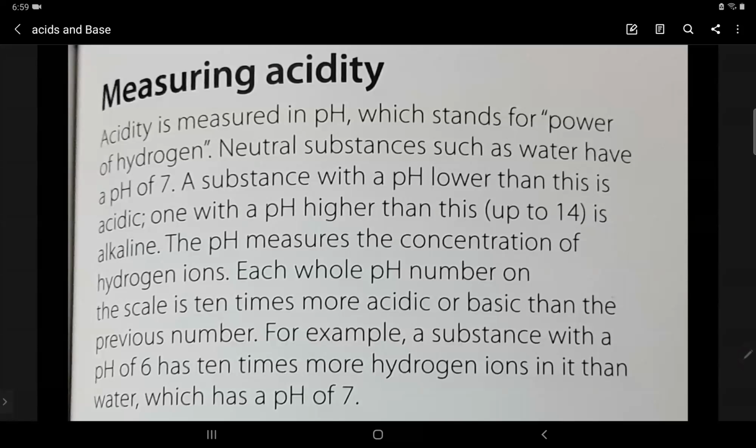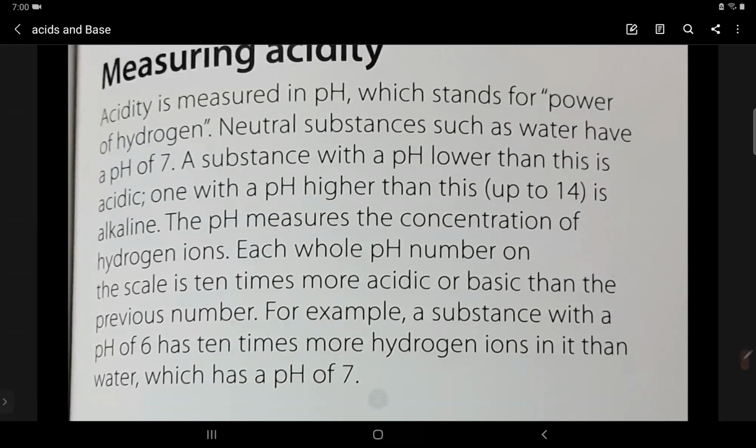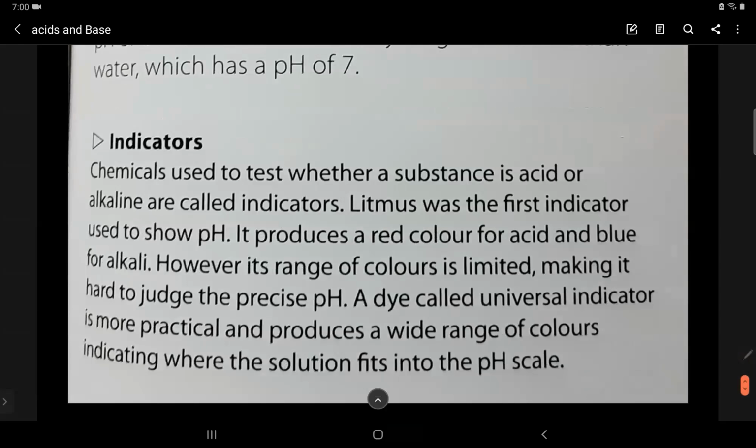Each whole pH number on the scale is 10 times more acidic or basic than the previous number. For example, a substance with a pH of 6 has 10 times more hydrogen ions in it than water, which has a pH of 7.